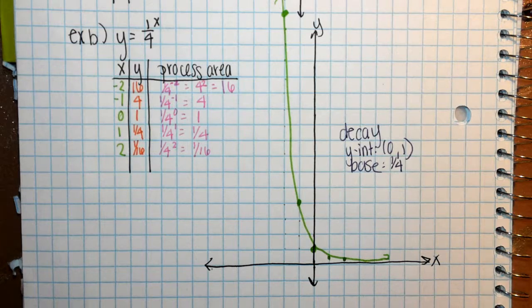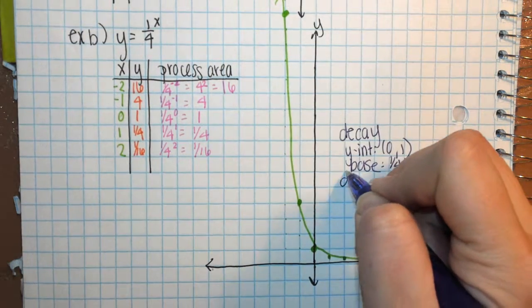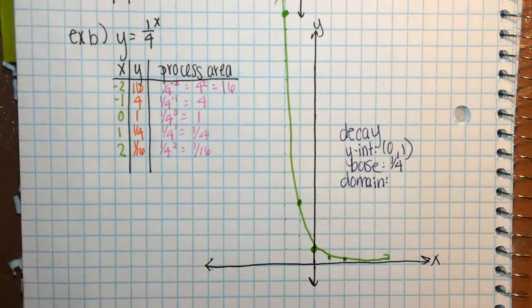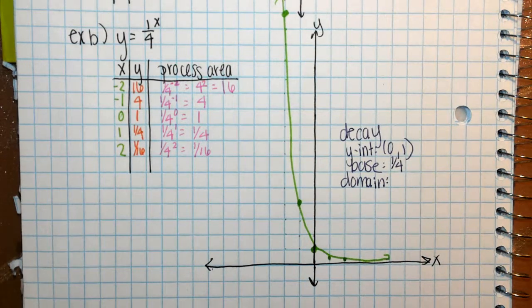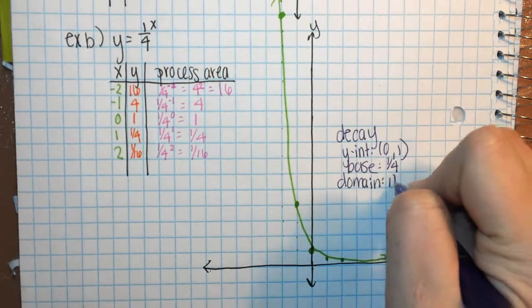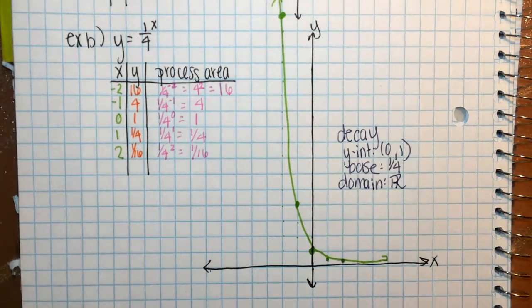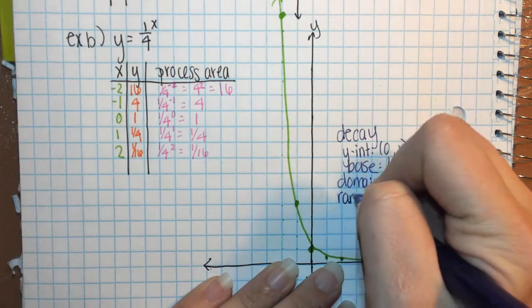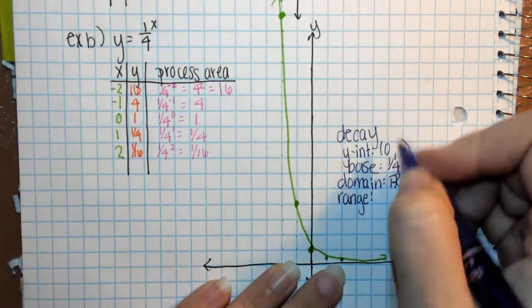All right, and let's talk about domain and range. Now, for your domain, is that your x or your y values? That's your x values. And can you plug in any x value? You can. So that means that it's all real numbers. Now your range is the y values.